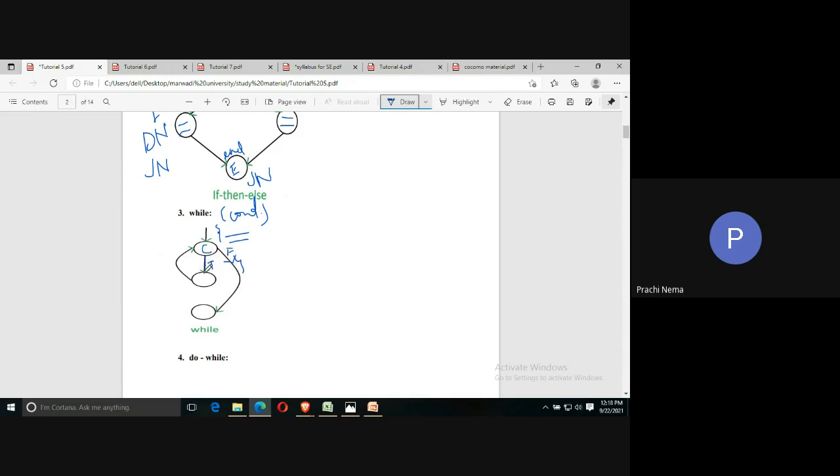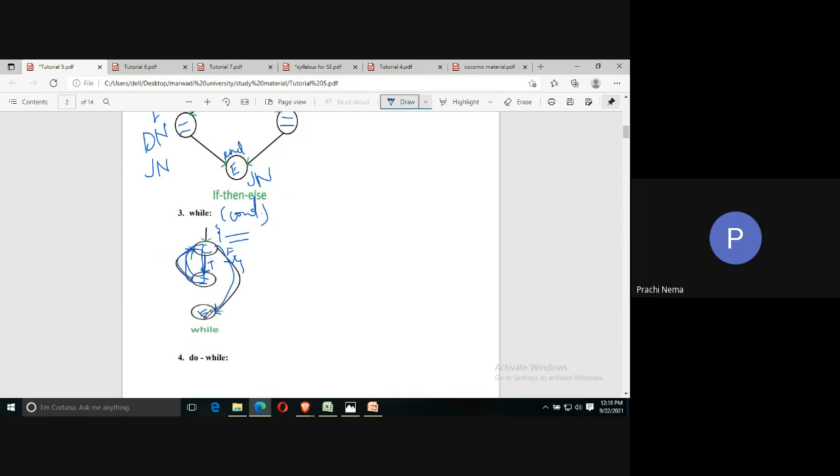It will keep on executing this true block for as many times as the condition comes out to be true. So it will test the condition. If true, then again test, then again true, then again test. Like that, the while loop will keep on working. And in case the condition is false initially or later becomes false, then it will terminate at this exit block.